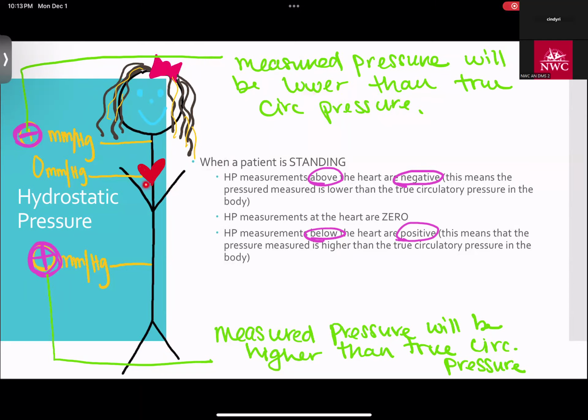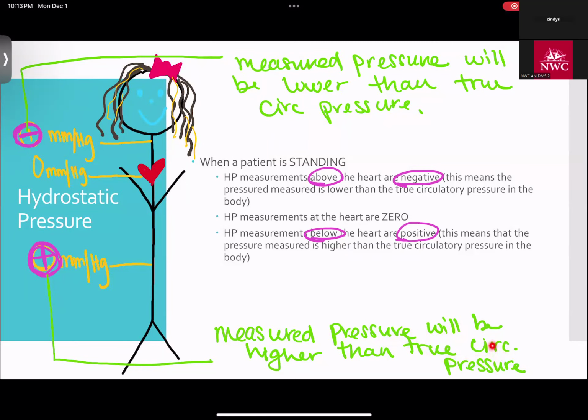If the patient is in the standing position and a pressure is taken anywhere below the level of the heart, so anywhere in the abdomen, the pelvis, the legs, the knee, the ankle, and so on, it will indicate a positive reading. What positive measurements mean is that the measured pressure will be higher than the true circulatory pressure.